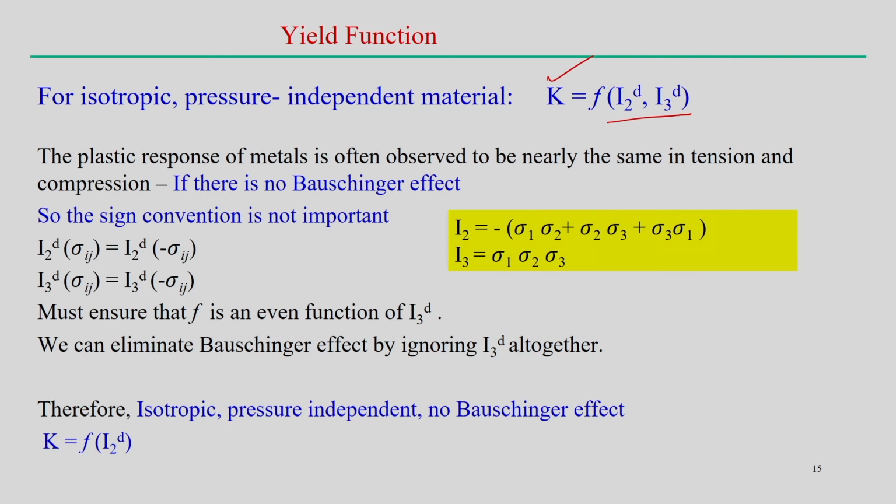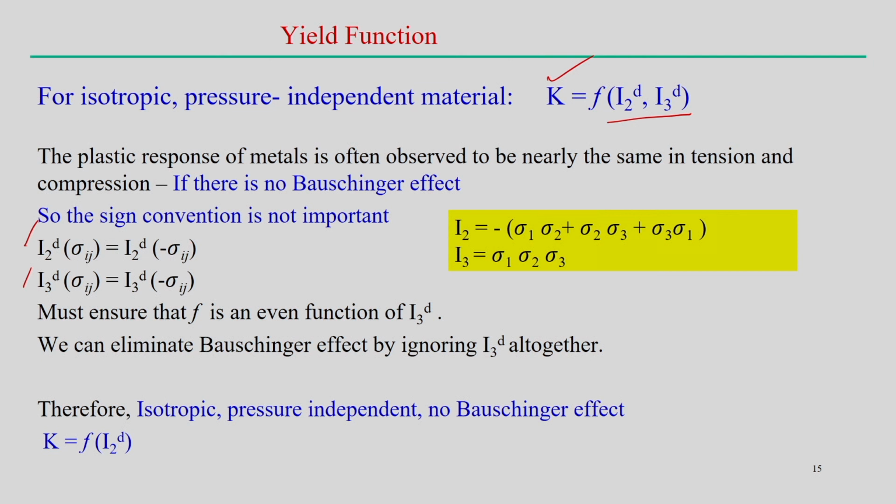Mathematically, the second and third stress invariants should be independent of the sign. That means I2D of sigma ij should be equal to I2D of minus sigma ij.